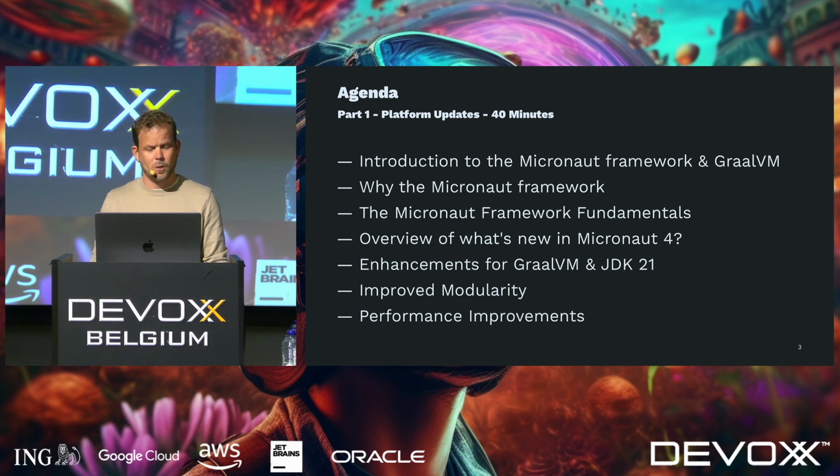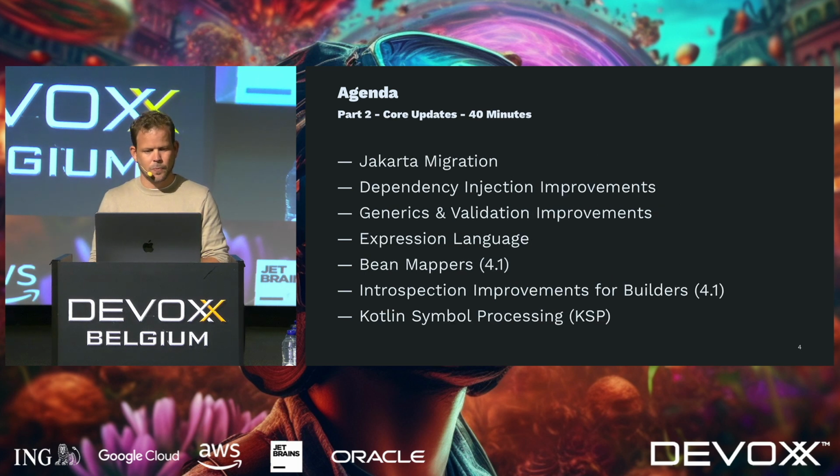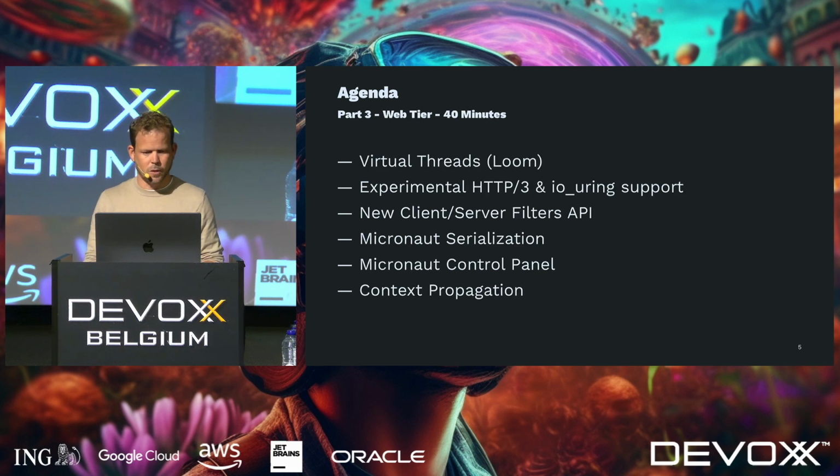We will cover why you would choose Micronaut, go over a demo and overview of Micronaut fundamentals, and look at the enhancements specifically for GraalVM and JDK 21. We'll look at the improved performance and modularity, and then go through the core updates in Micronaut 4: things like the Jakarta migration, the dependency injection improvements to generic handling, the expression language, bean mappers, and all the enhancements that you can expect in Micronaut 4.